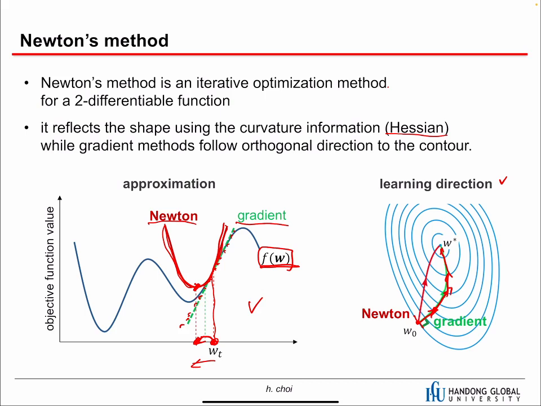But Newton's method is using more information than the gradient information. This is not orthogonal. This one has some information about the shape. Newton's method actually approximates this contour with a quadratic equation. And if this contour is similar to the quadratic equation, then it can go to the optimal parameter almost directly. But the problem is it is computationally expensive.